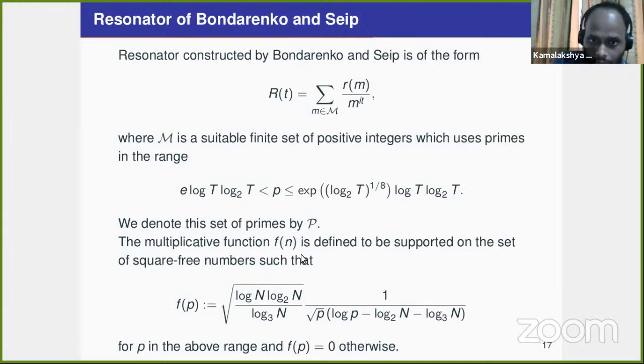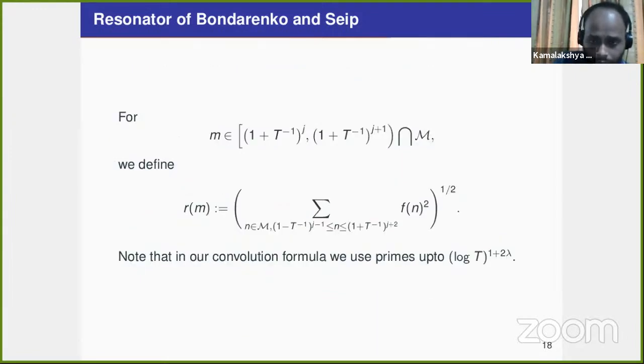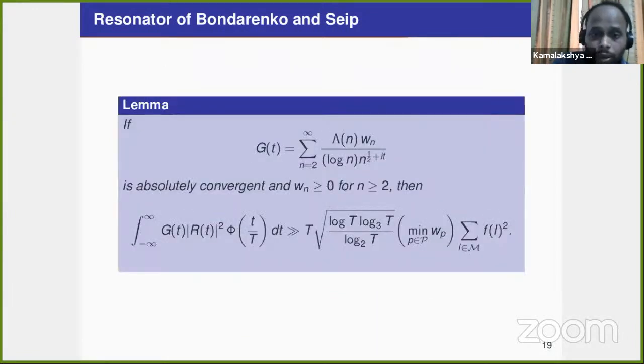Right? So that helps. And we use this resonator, and we can prove such a theorem. So this is due to Bondarenko and Seip again. We take this Dirichlet series, which appears in our convolution formula, lambda n w n by log n to the power half plus it, where w n has the same definition as in the formula before. And if we take this and integrate with the resonator, we get this expression.